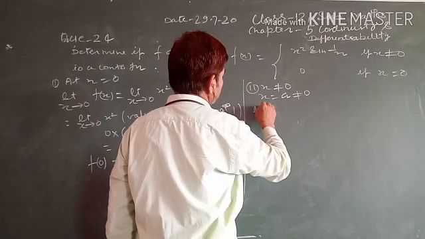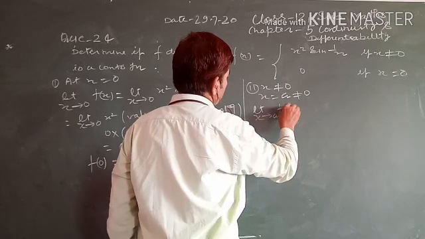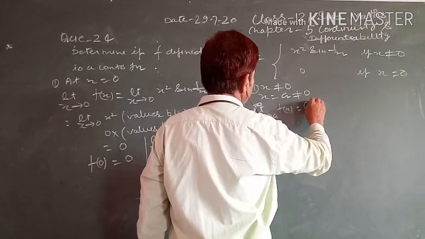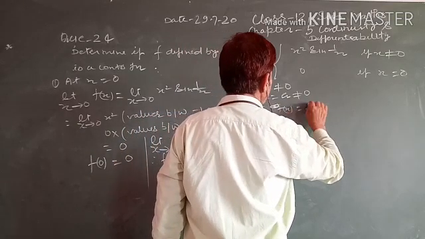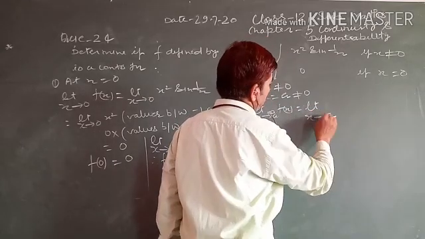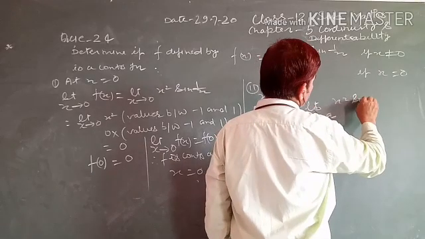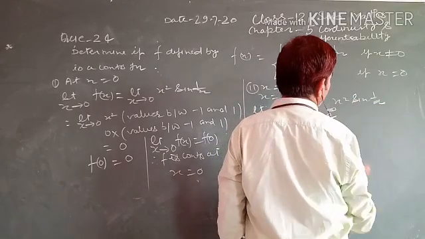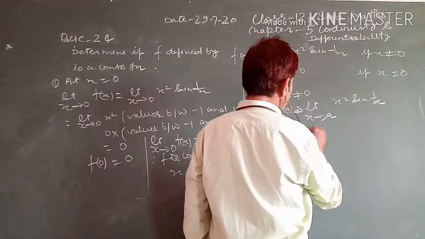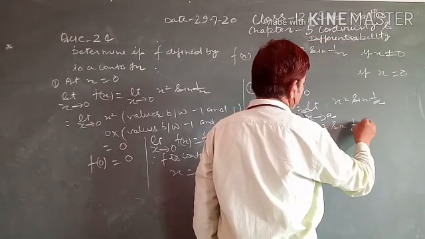Limit of the function, limit x tends to a, f(x) is equal to limit x tends to a, x square sin 1 upon x, which is a square sin 1 upon a.